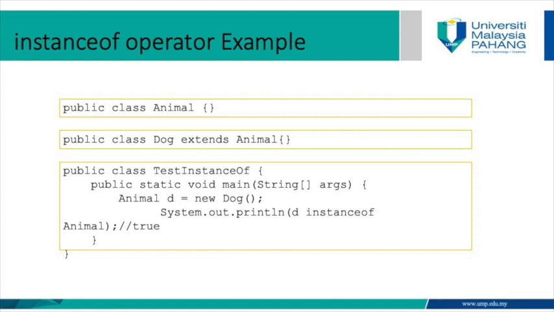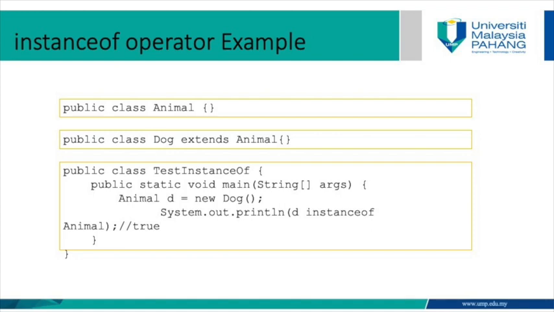Okay, so in this specific class, we are trying to do the comparison, because the instanceof operator, we use it as the comparison operator. It will compare between types, either true or false. Alright, so let's see.